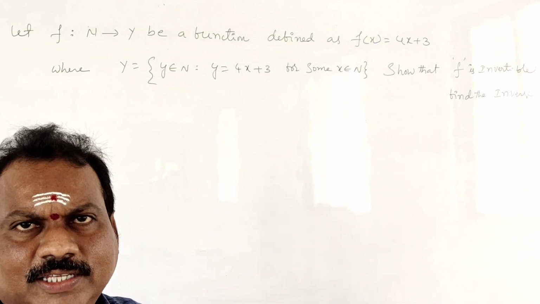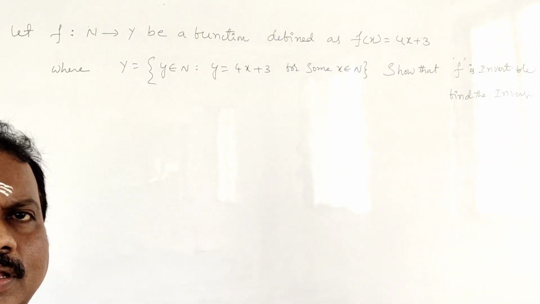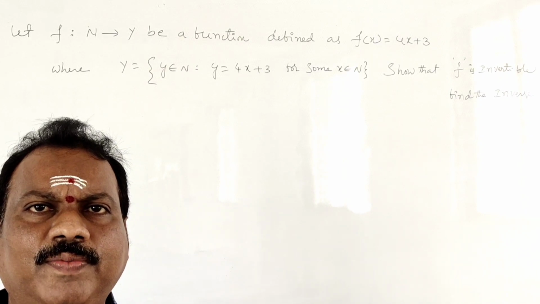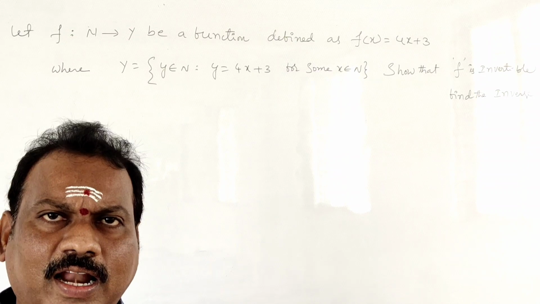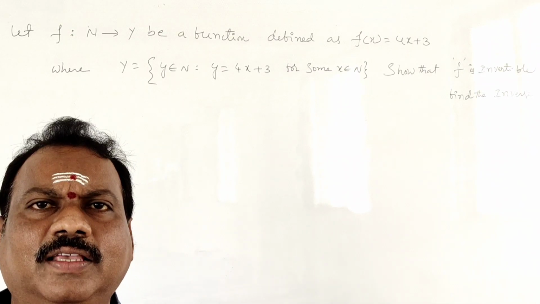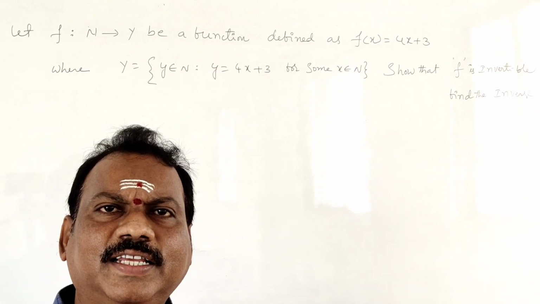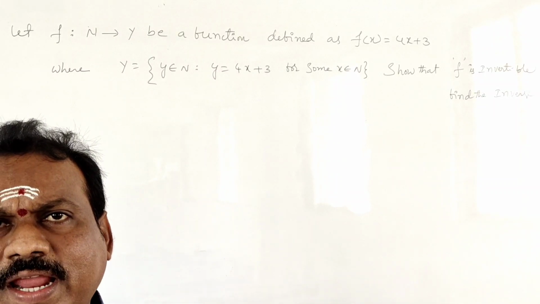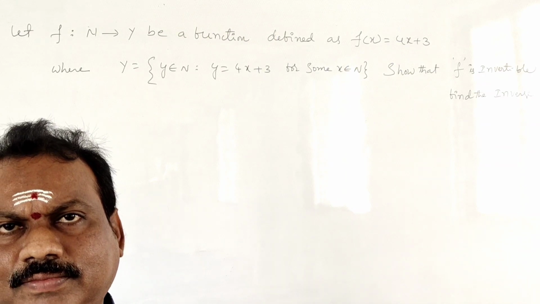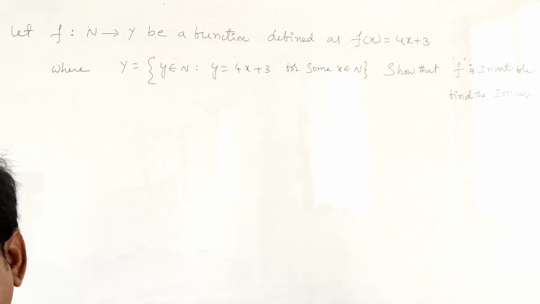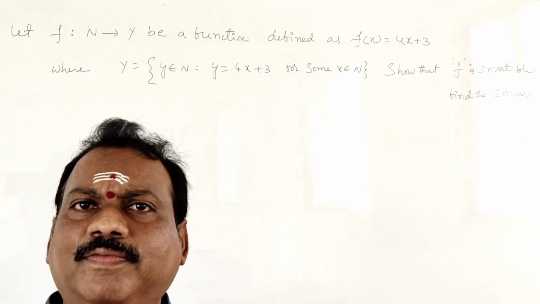So I told what is meant by an invertible function. Let f be a function mapping from A to B. If there exists another function g mapping from B to A such that f circle g is equal to the identity function on the domain of g, and g circle f is equal to the identity function on the domain of f.